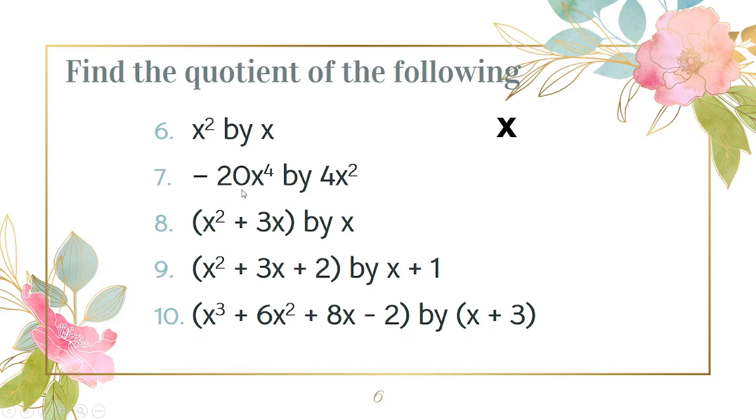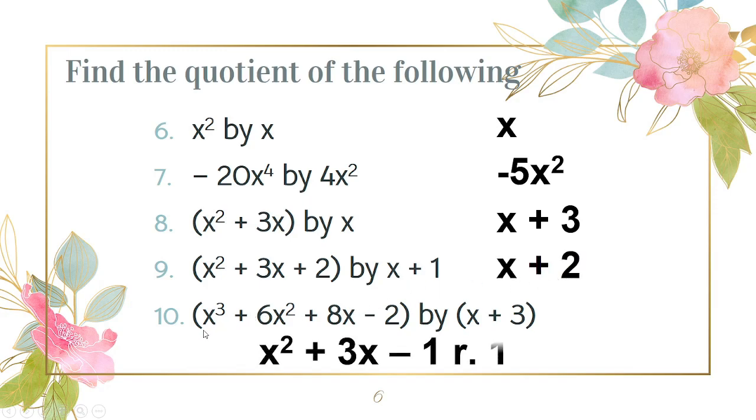Number 7, negative 20x to the 4th divided by 4x squared is 5x squared. Number 8, x squared plus 3x divided by x is x plus 3. Number 9, a trinomial this time. X squared plus 3x plus 2 divided by x plus 1 is x plus 2.